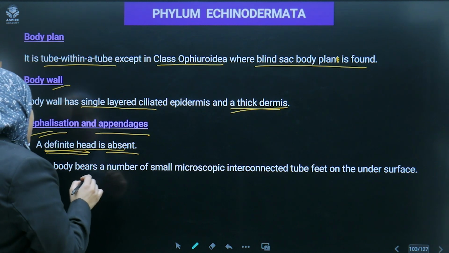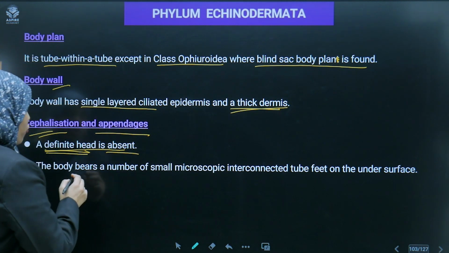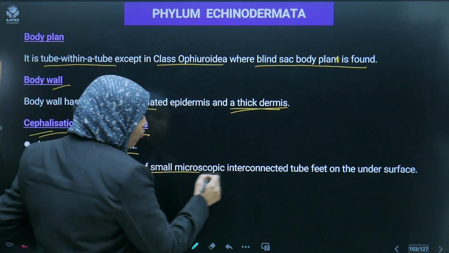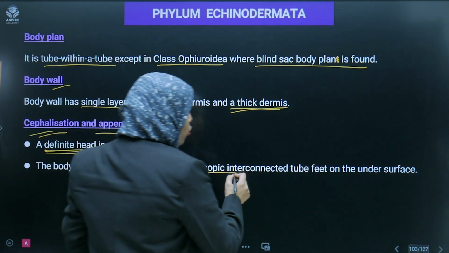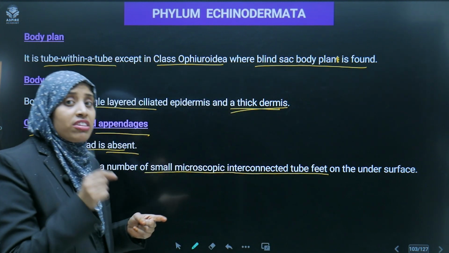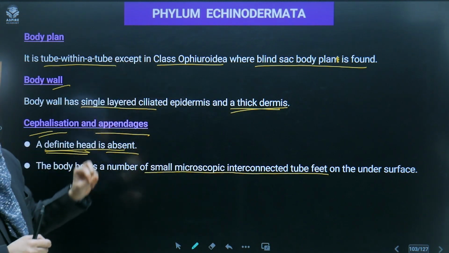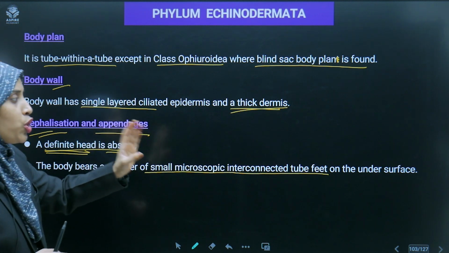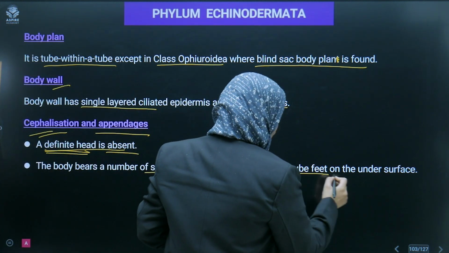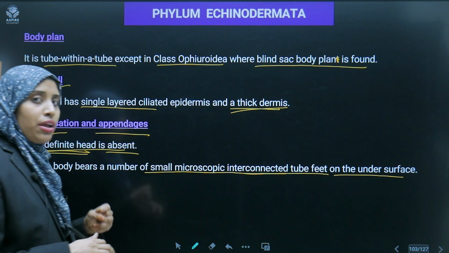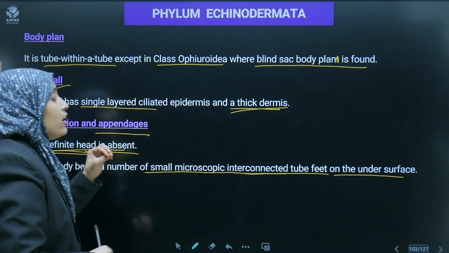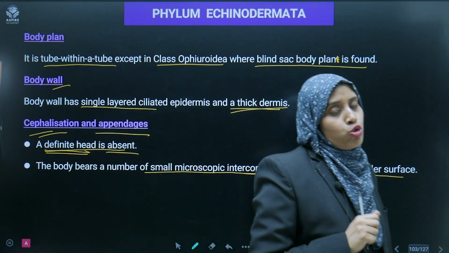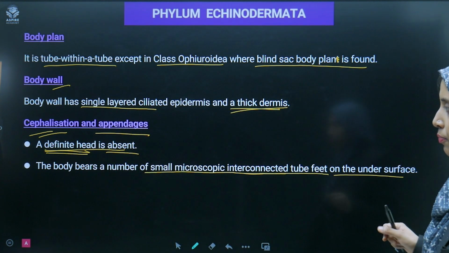The body of echinoderms bears a number of small, microscopic, interconnected tube feet. Tube feet are a characteristic feature of echinoderms. They can be seen on the under surface of the body, and they are microscopic, meaning very small.